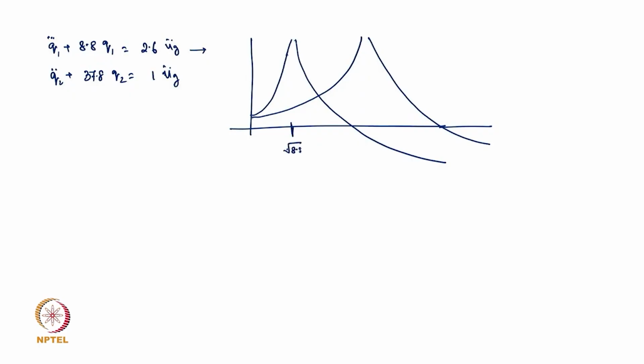Root of 8.8, and this is root of 37.8. Now this is getting multiplied by 2.6 times. So this graph goes somewhere here. This will go this way, and this will also go this way, 2.6 times more.